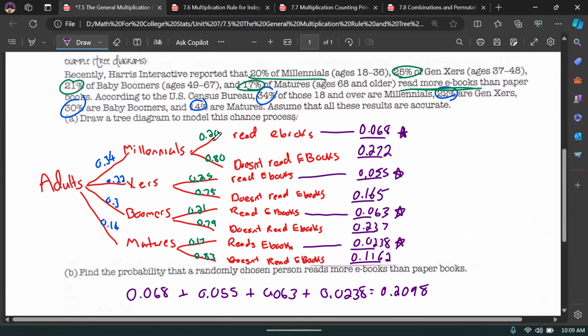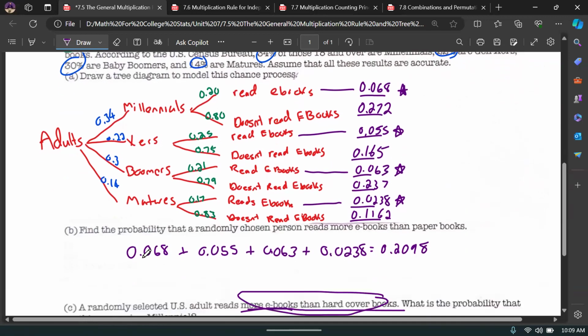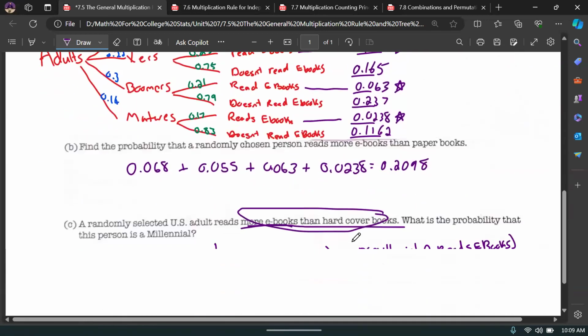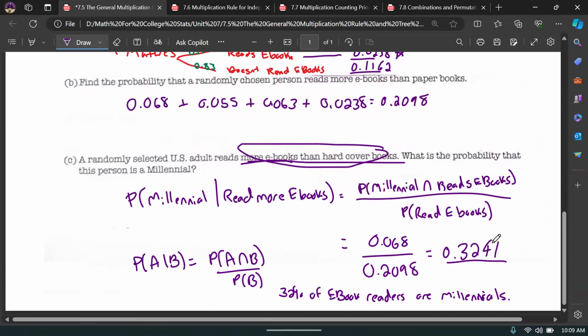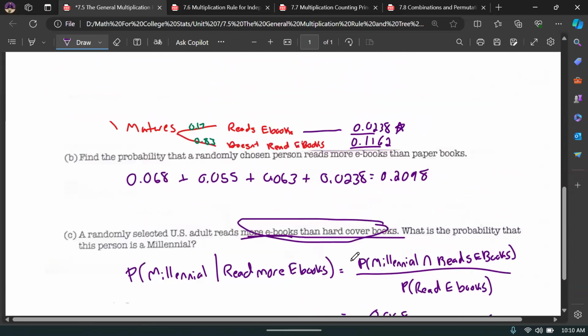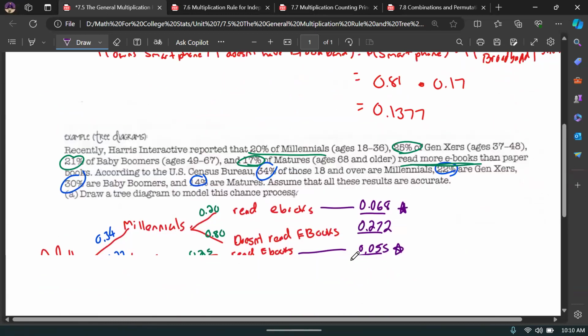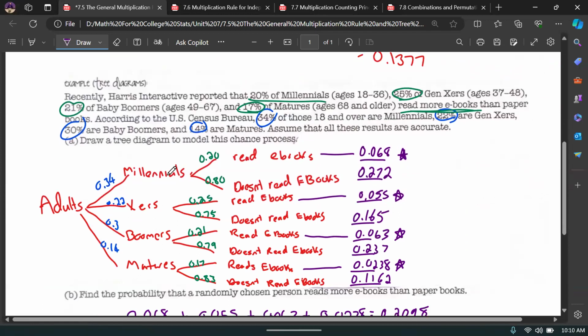These are the numbers that you're really going to need majority of the time. So I like to get them all first, and then use them when I need them. I needed them in part B, which also helped me prepare for part C. My advice so far is just work with the tree diagram. It's certainly going to be useful. So let's get used to this. All right, I'll see you in 7.6. That's it for now.